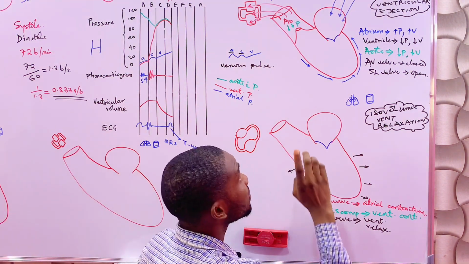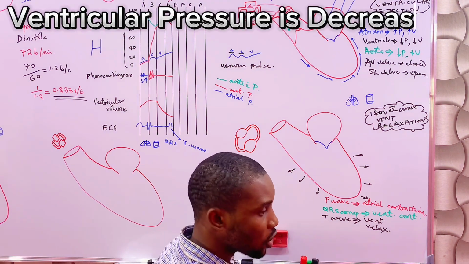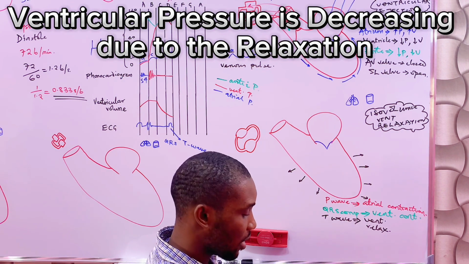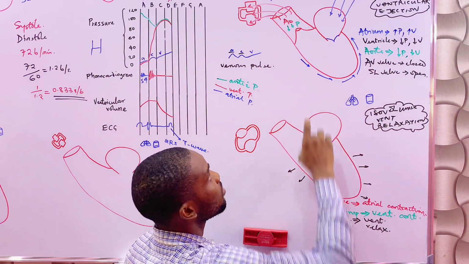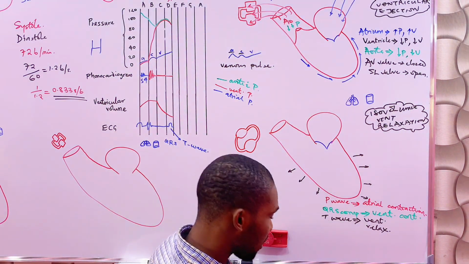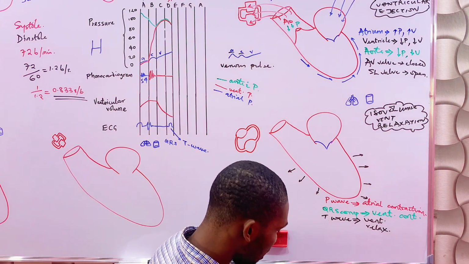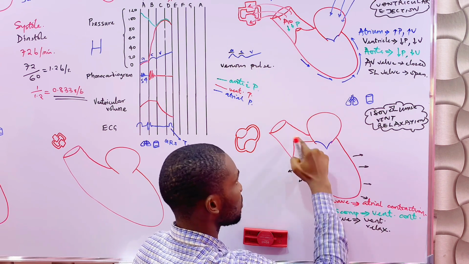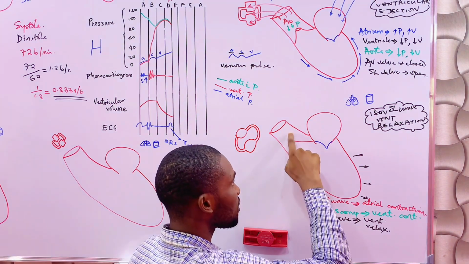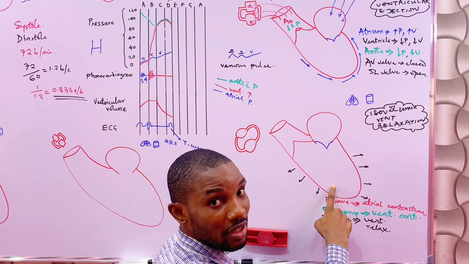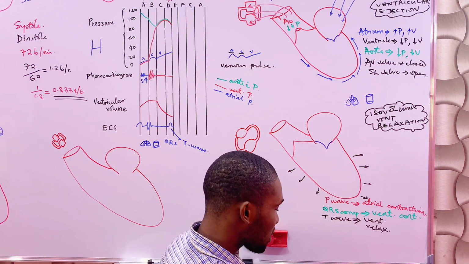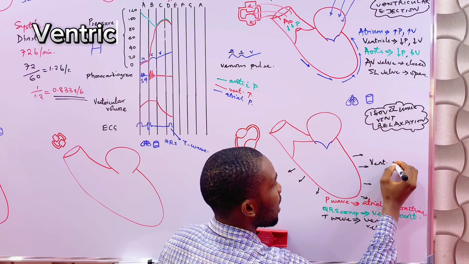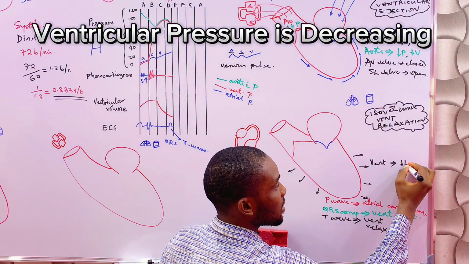But in this phase, the pressure in the ventricle is reducing drastically, so that it now falls below the aortic pressure and causes the valve to close. The valve has closed because the pressure in the aorta is now greater than the pressure in the ventricle.